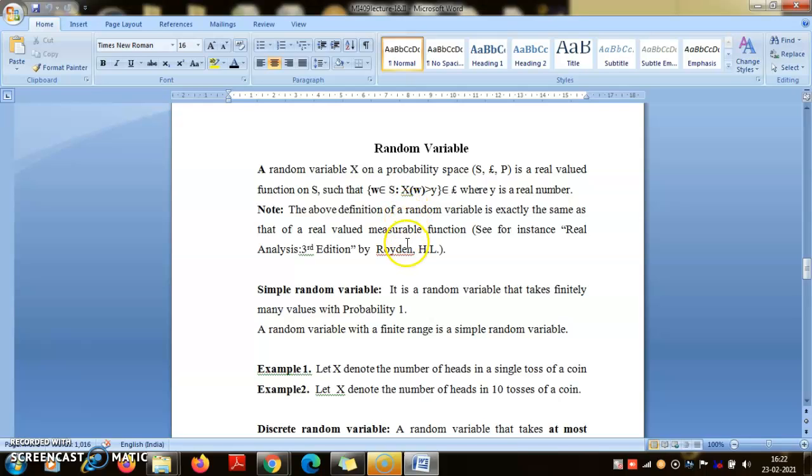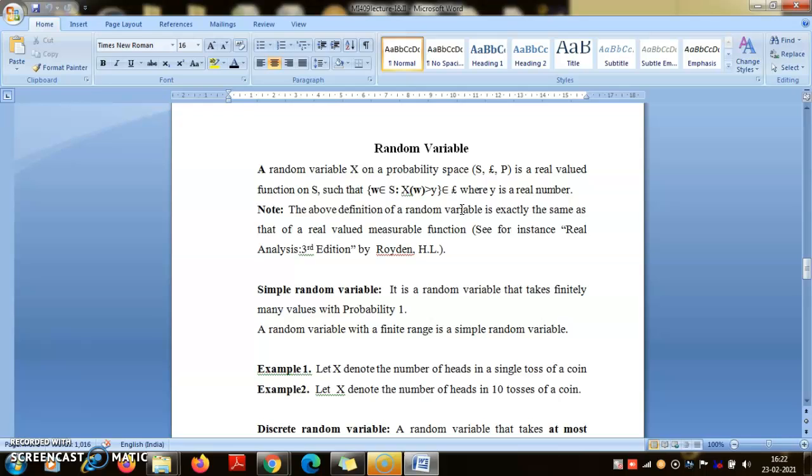This condition is exactly the same as the condition in the definition of a measurable function on a measure space. So we can think of this as a measure space, because I had mentioned in the beginning that probability is a measure. Axiom 1 and axiom 3 are the two conditions that are the properties of a measure.